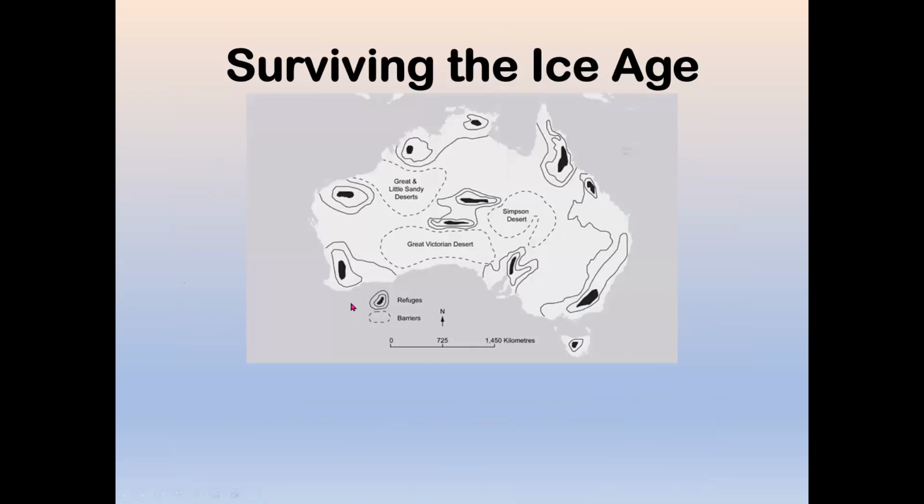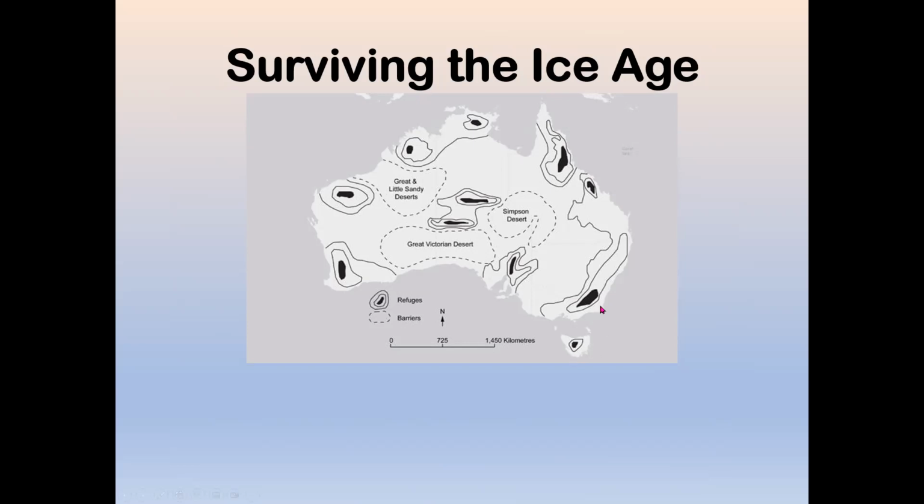There are certain characteristics which are different to the mainland Aborigines. Now, this is a map I found just a couple of weeks ago, showing refuges, where certain parts were not as cold as other parts. So the bulk of the country was not populated because it was just far too cold.